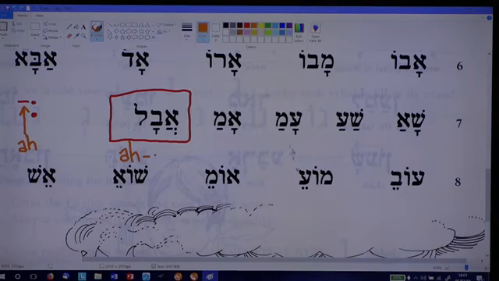Put a space there for you. There's grammar reasons to have that there, along with several other variations of it, but you pronounce the patach, the ah sound, and just don't worry about that other thing for pronunciation purposes.